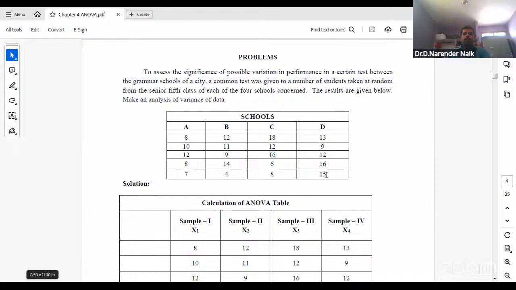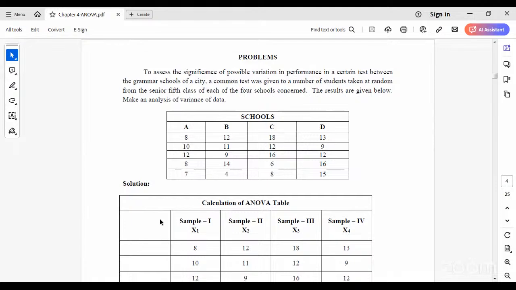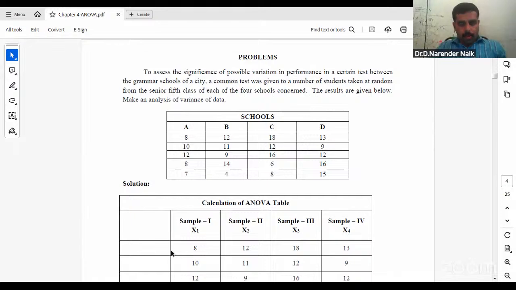Here you observe carefully: to assess the significance of possible variation in performance in a certain test between grammar schools of a city, a common test was given to a number of students taken at random from the senior fifth class of each of four schools concerned.